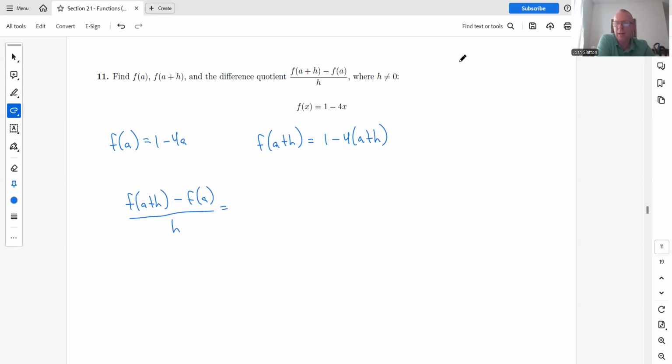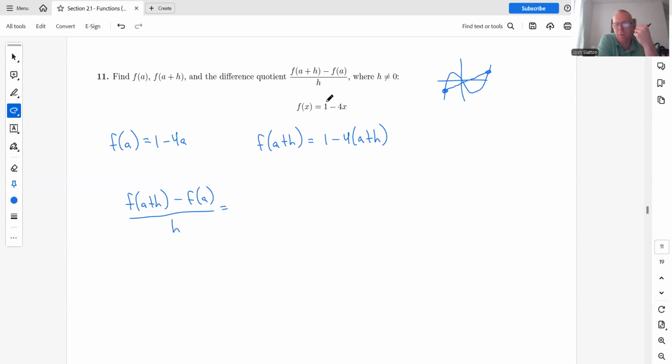So if we had, say, a curve, and we had a point here, and we had a point here, this will calculate the slope between those two points. So with that in mind, this f of x equals 1 minus 4x, you might remember from algebra, what's the slope of that?